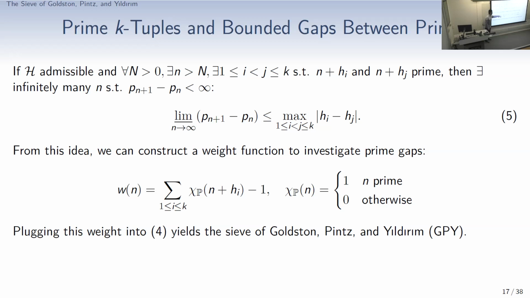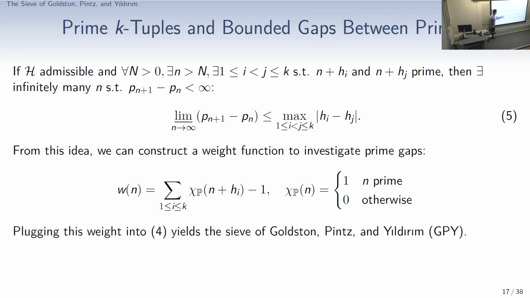As a result, we can develop this weight function, and this function chi is essentially the characteristic function for prime numbers. When n is a prime, it's equal to 1. When it's not a prime, it's 0. And by making this function w of n the sum of chi of n plus hi over the elements of the tuple, minus 1, this function can serve as a lower bound sieve.